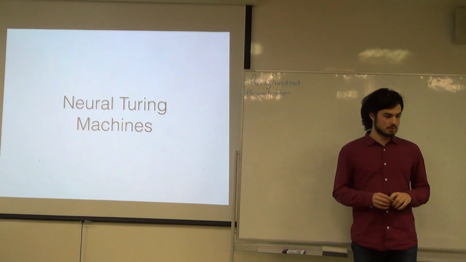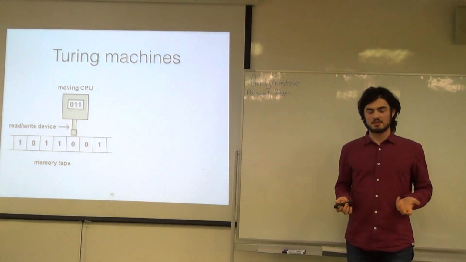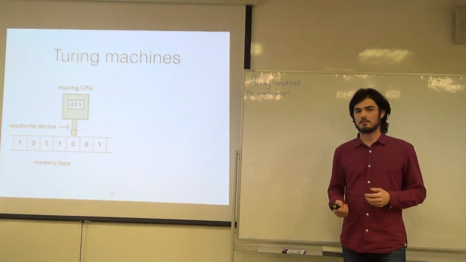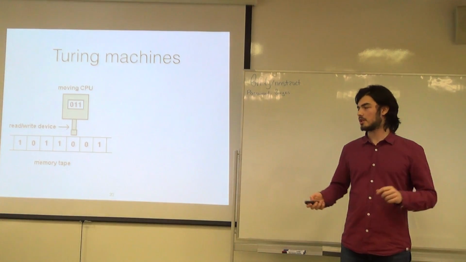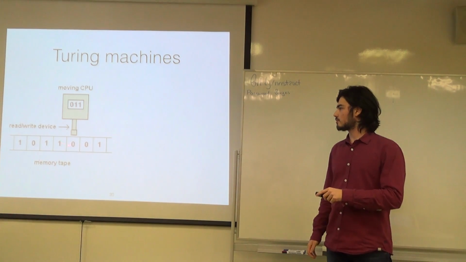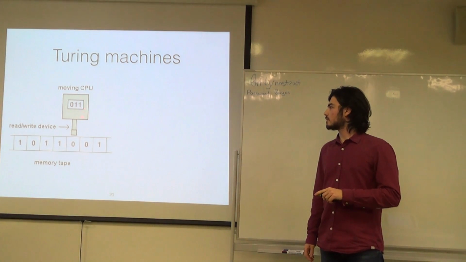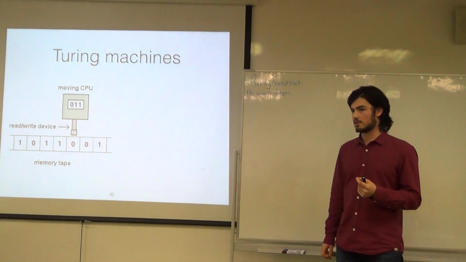Okay, so neural Turing machines. So what is a Turing machine? Well, it is some kind of mathematical abstraction of a computer, which works as follows. It has an infinite tape, which has some symbols written in each position. And also it has a controller, which attends to the specific element.